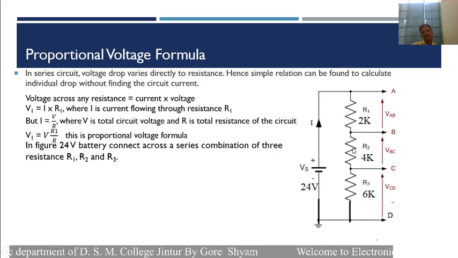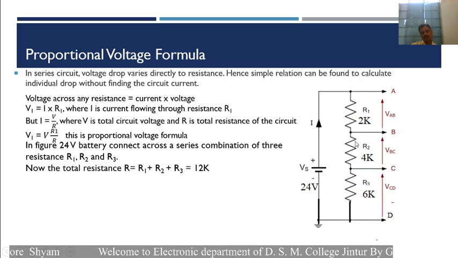In this figure, the battery is connected, and this battery is a 24-volt battery. Three resistances are connected, R1, R2 and R3.